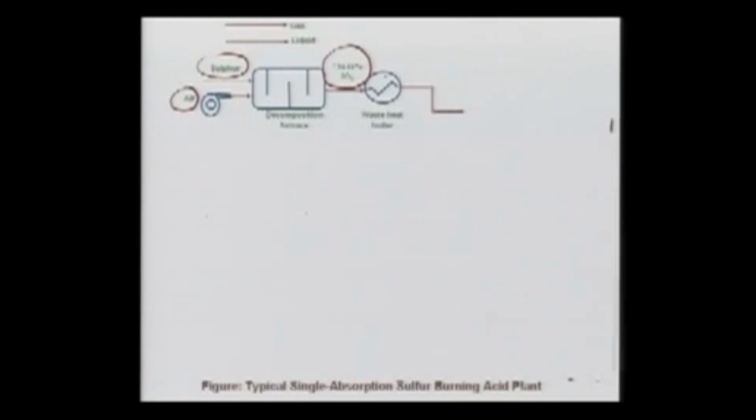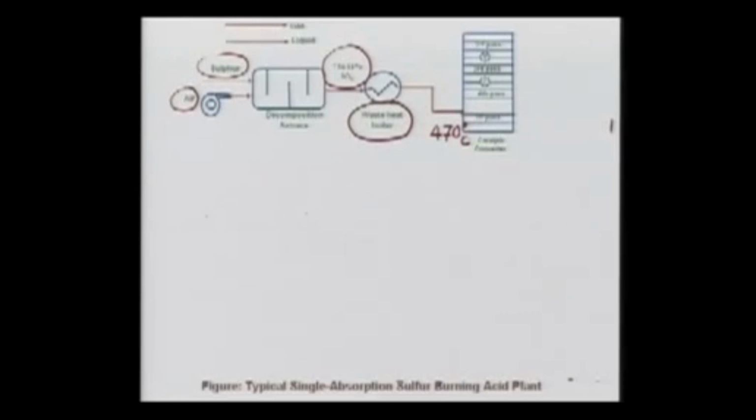We take it further for the conversion from SO2 to SO3, but before that we bring down the temperature by the waste heat boiler, or heat recovery, to around 470 degrees Celsius. Then we pass it through the converter. This is a converter tower, but the conversion is done in various phases: first phase, second phase, third phase, fourth phase.